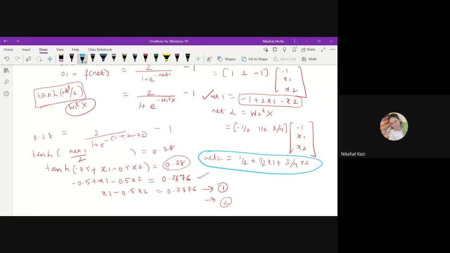Yes. Ma'am, is it 0.4x1 plus 0.375x2 equal to minus 1.328? No, I am not getting it as 0.4, I am getting 0.25x1.